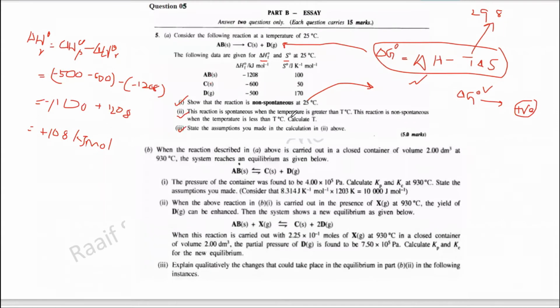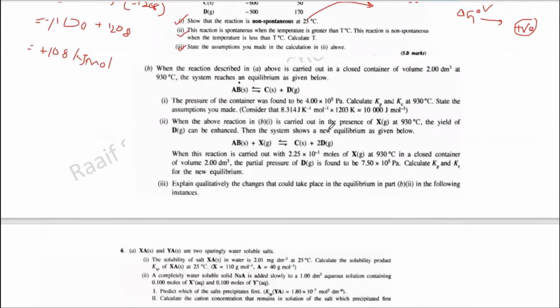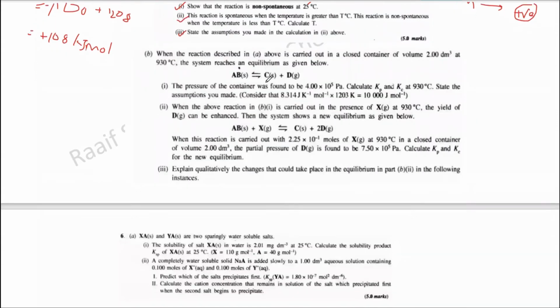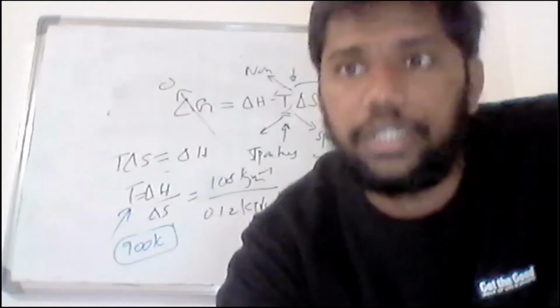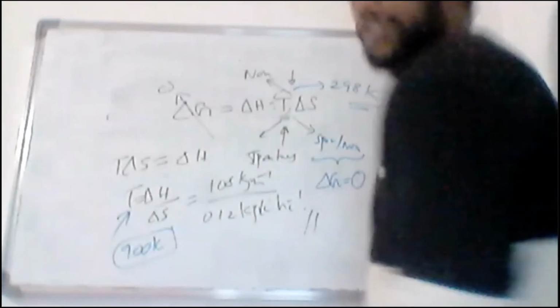So this is a normal basic question. Then we have to move to part B. They say when the reaction described in A above is carried out in a closed container, and they have given the volume, at 930 degrees Celsius, the system reaches equilibrium as below. So we will first write down the information.